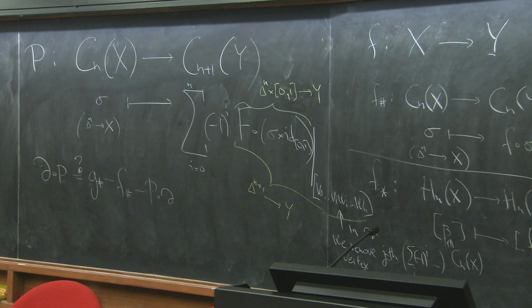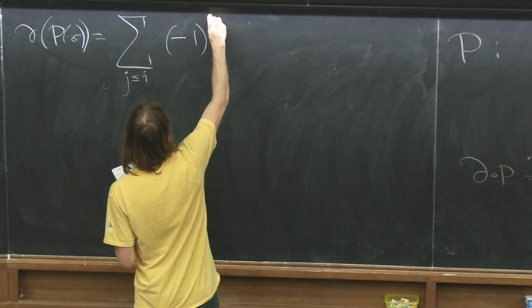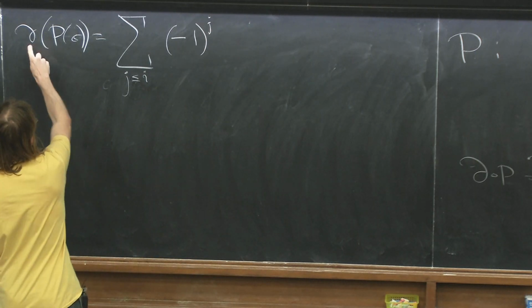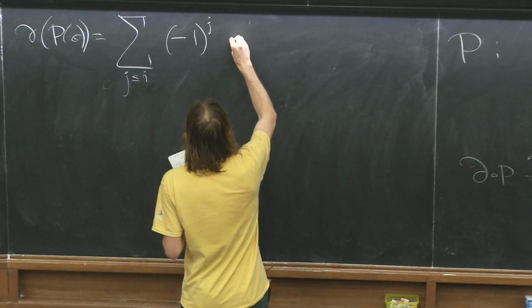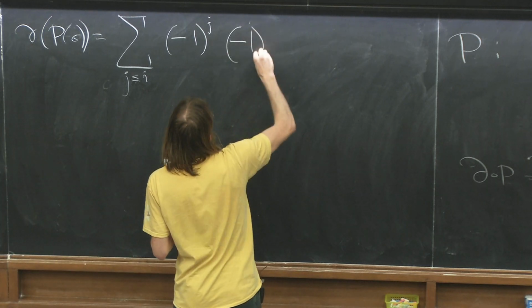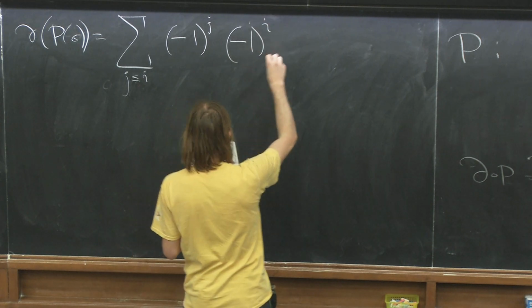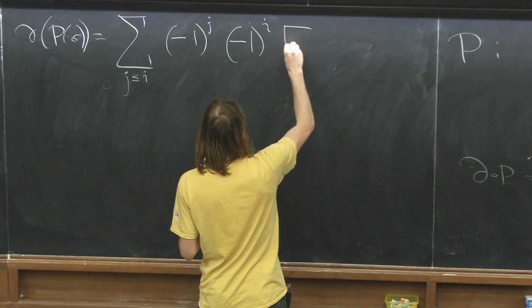There is this weight minus 1 to the j, which comes from the definition of the boundary homomorphism. And we still have this minus 1 to the i, which is what we already had in the prism operator.